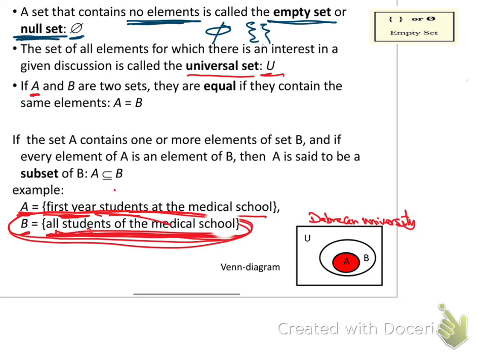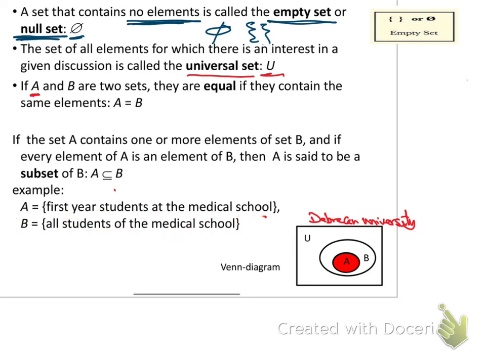So how can I write it? I can write that set A is a subset of B. Is it right? Yes, all the first year students are included in all the students in medical school.